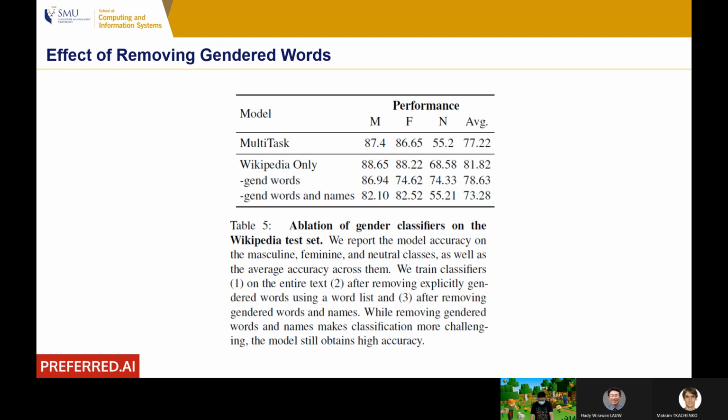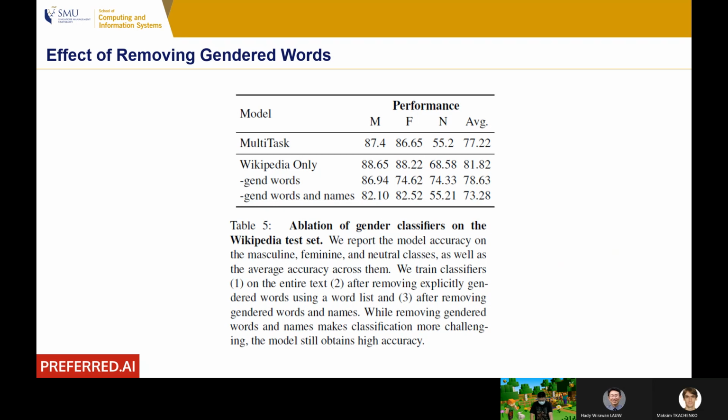So they wanted to look at the effect of removing some gendered words from the data set when training. For Wikipedia only, you have this accuracy. And then they removed all gendered words based on some word list, and they got a lower accuracy.